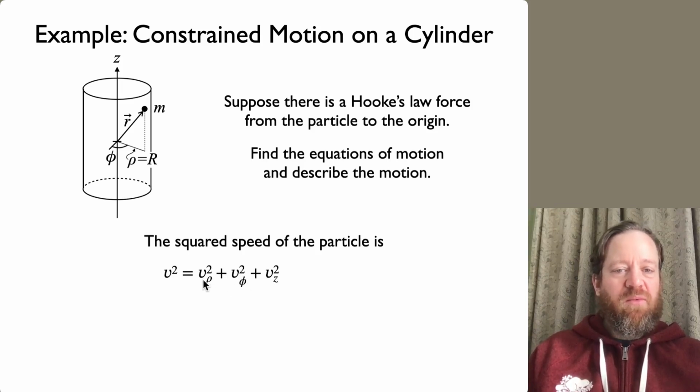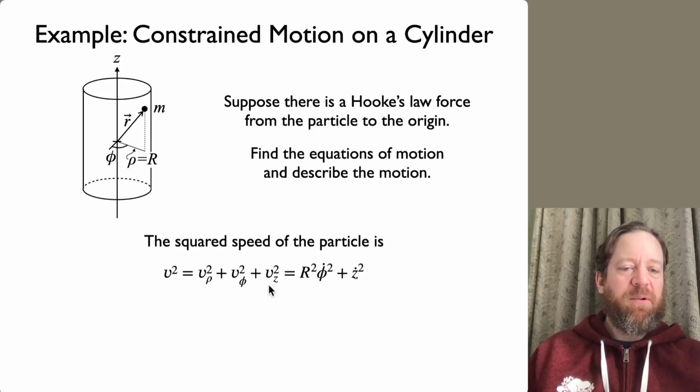Now we know that rho is just going to be some constant r. So in fact, v rho is going to end up being 0. So the only two speed components we need to worry about are the phi and the z components. And those respectively give us r squared phi dot squared, and z dot squared.